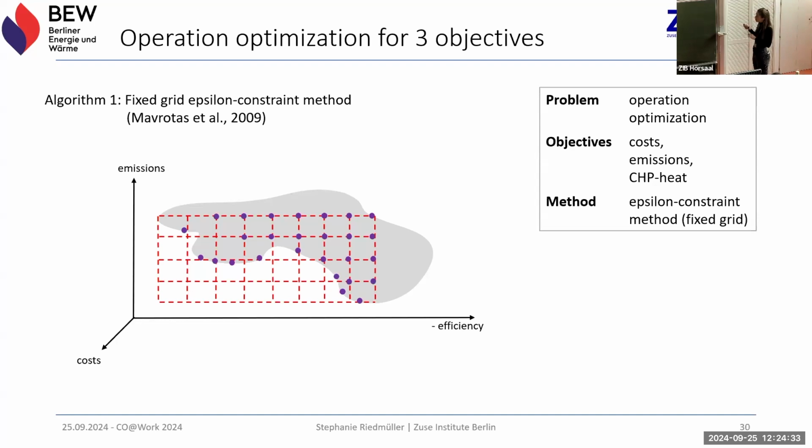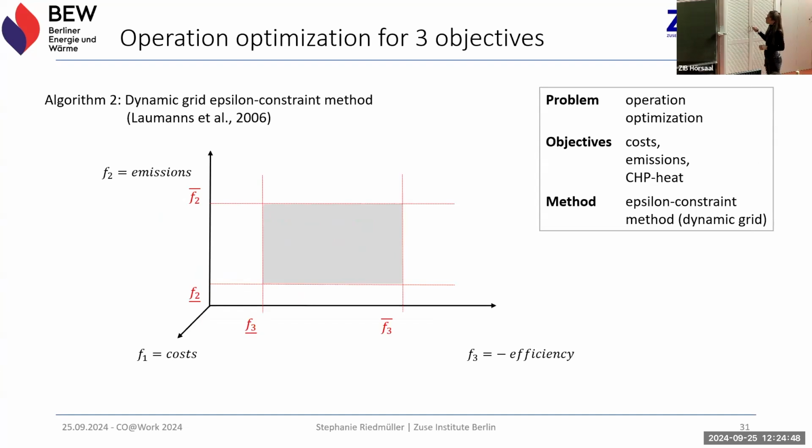We chose the epsilons such that we get this equidistant grid. And for each grid cell, we can solve the problem to get one of the solutions. So we get evenly distributed solutions.